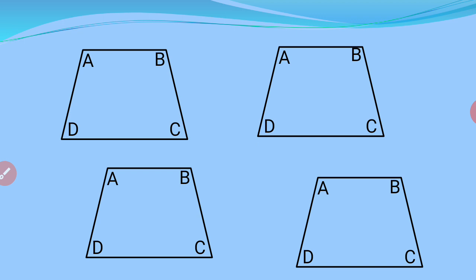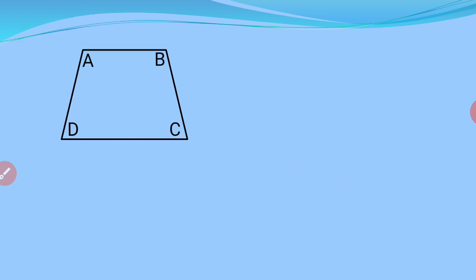Actually, if we check, all the figures are the same, that is they are congruent to each other. We are now talking about the angles of it. In the given quadrilateral, there are four angles: angle A, angle B, angle C and angle D. Let us try one thing.